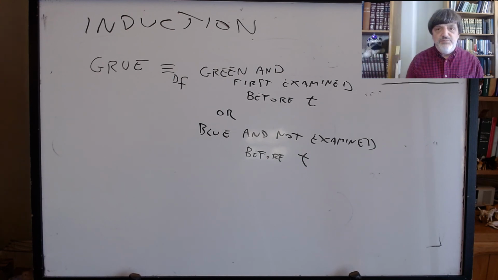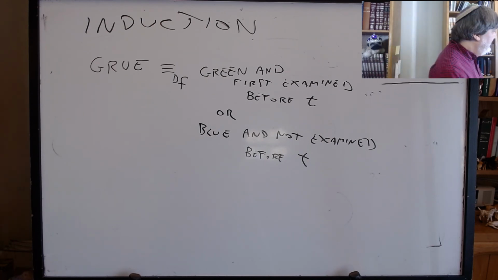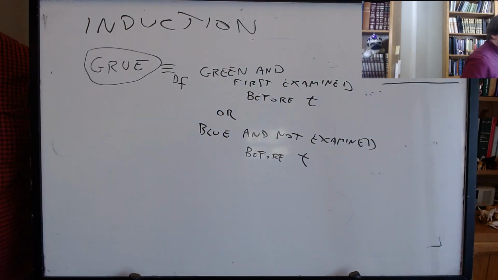So if that's supposed to mean that I examine the hypothesis to see that it explicitly refers to a certain time or place, and if it does, I say we can't collect evidence for that hypothesis, it's not projectable, then the example of GRU already shows that that won't work.